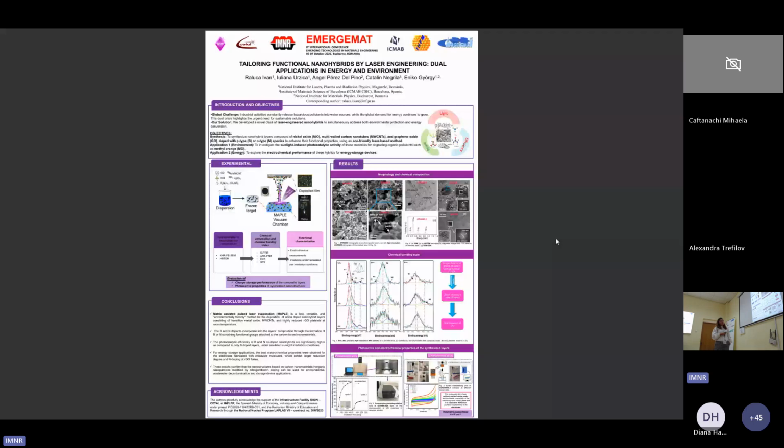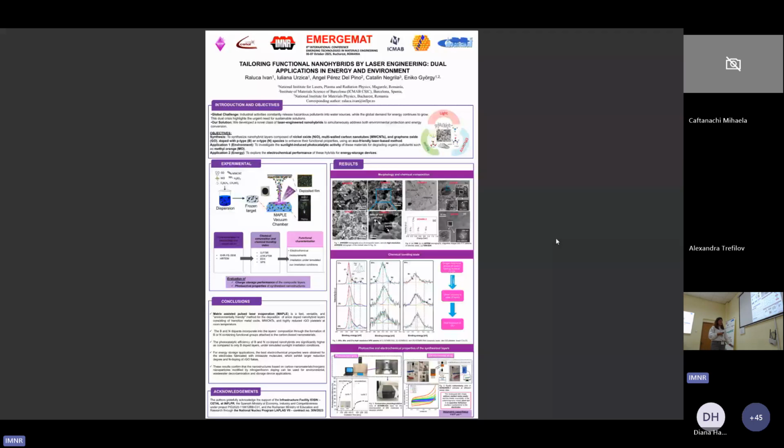The next step was to test our layers with electrochemical studies, and also in this case the best volumetric capacitance was obtained for our hybrid layers consisting of nitrogen and boron compounds.